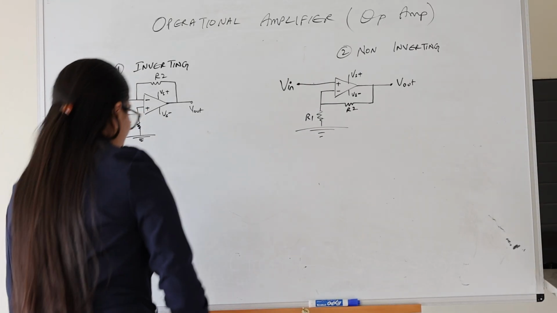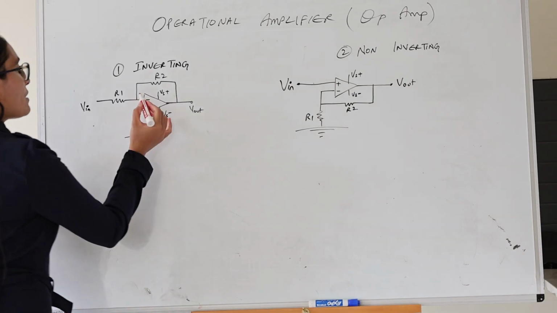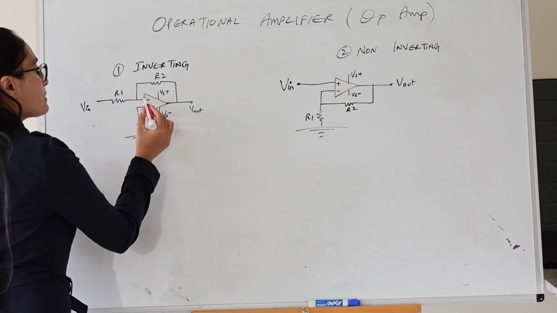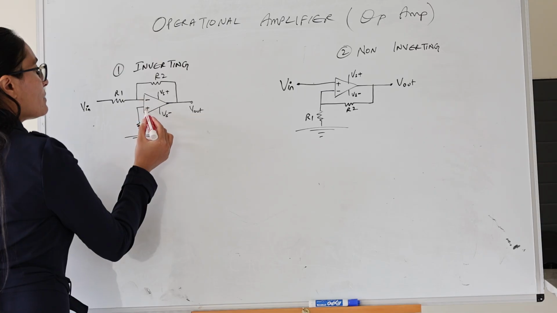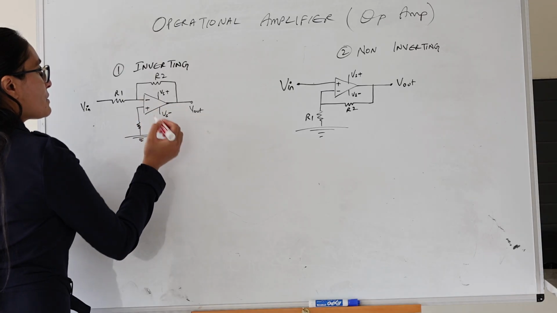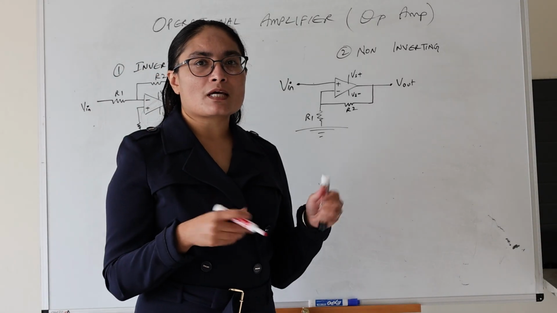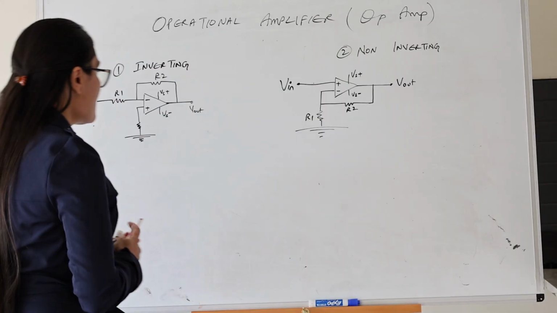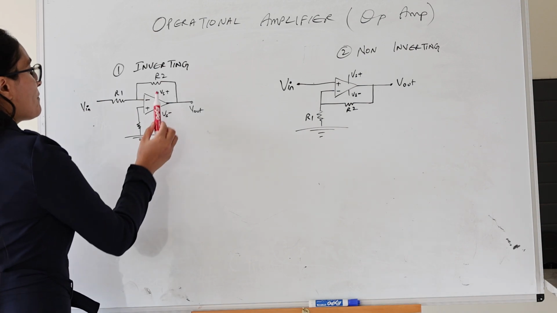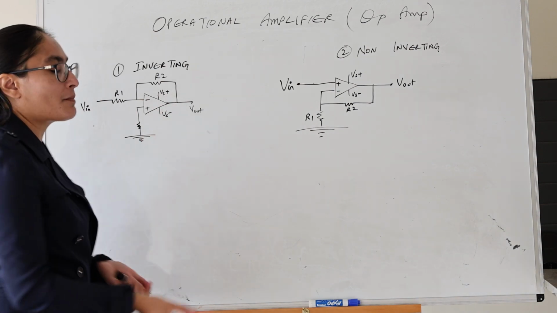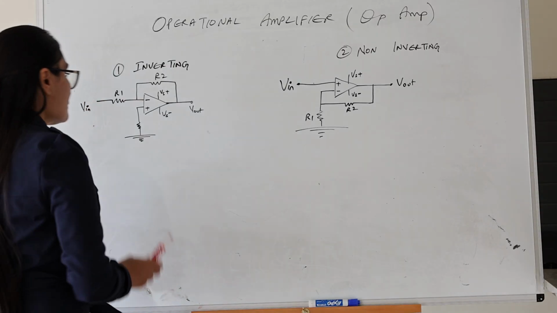To begin with, this is the op-amp that we have studied. So yes, two terminals, inverting and non-inverting, V out, and there's a power supply. A lot of times we don't include the power supply when we are drawing a schematic like this. So sometimes you will see an op-amp with no power supply showing because it's implicit.